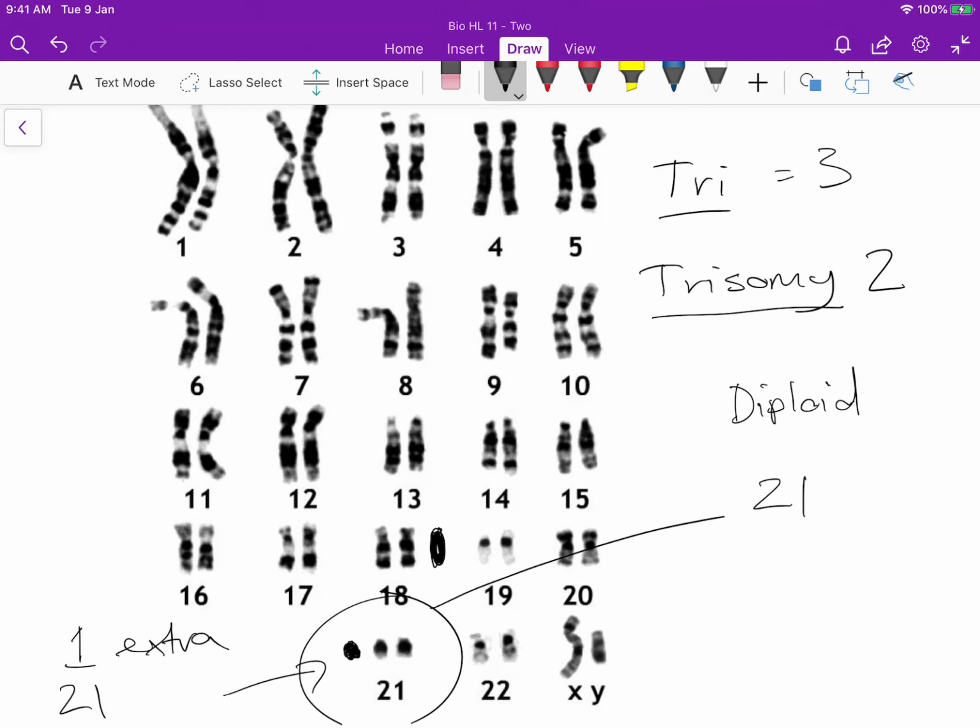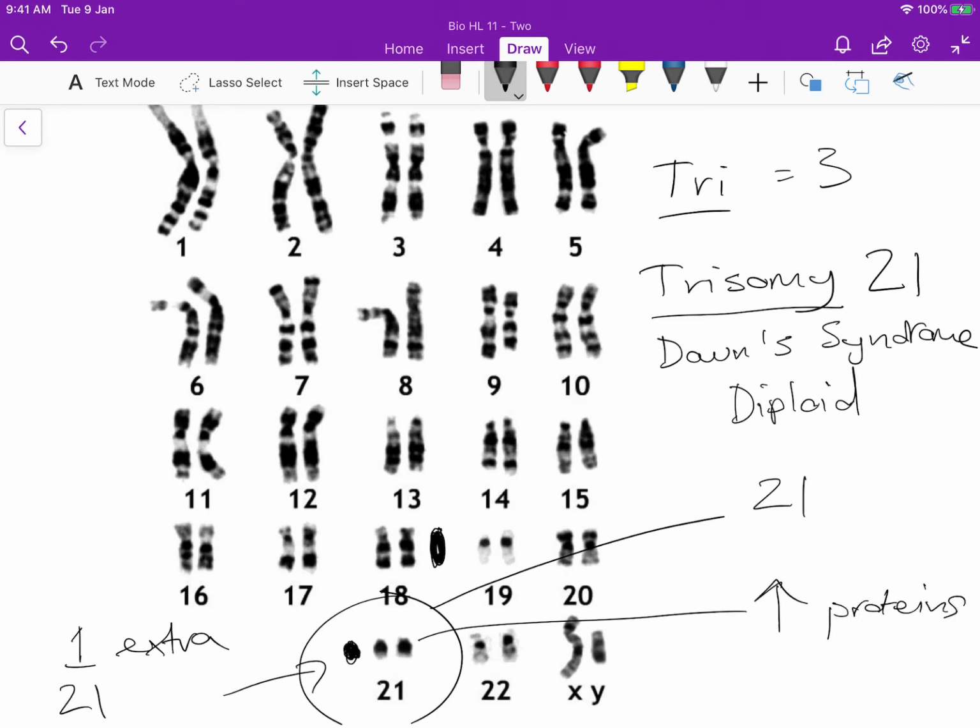It's called trisomy 21, and that is Down syndrome. You might think having extra chromosomes would be better, but by having more of those chromosomes, you get an increase in production of some proteins, and this leads to the symptoms of Down syndrome, including mental retardation.